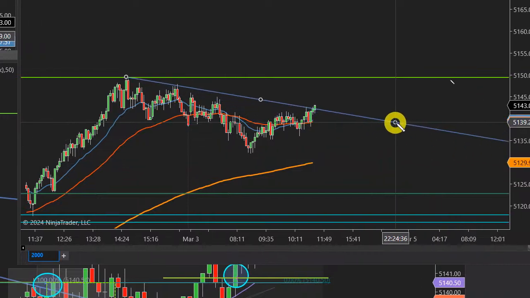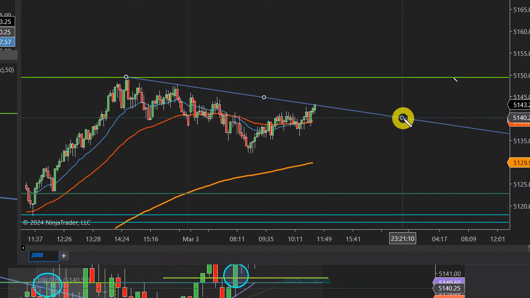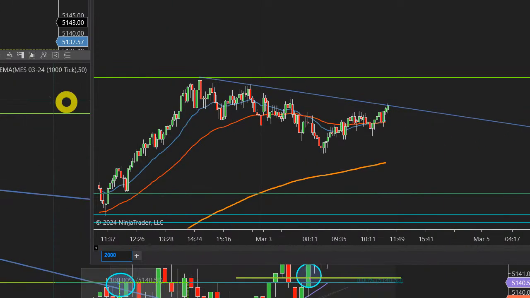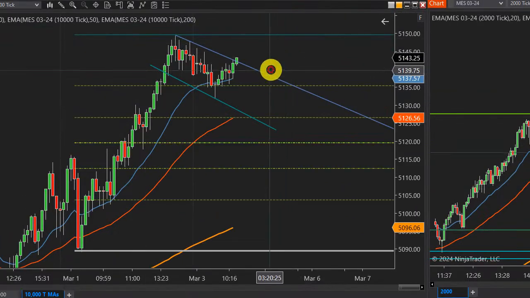Where are we at on this? Let's see what happens when it gets to that trend line, because it's just now getting up there on a 10,000 tick chart.